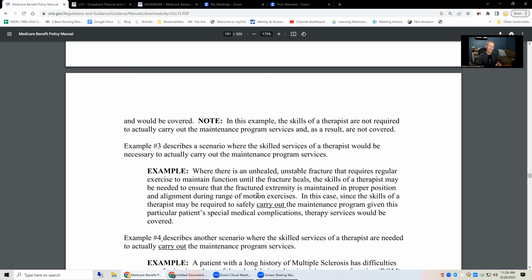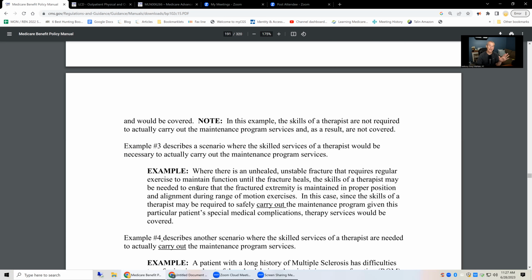But I would bet, based on my interpretation of other guidelines, if this fracture was never going to heal, if it was never going to improve, once I determined that the patient could not do self-mobilization, self-passive range of motion, and doesn't have assistance to do it, coverage is no longer available. It would have to be a self-pay service until the patient had an episode where they declined, where there was a complication, where there was a new injury or an exacerbation of the existing condition.